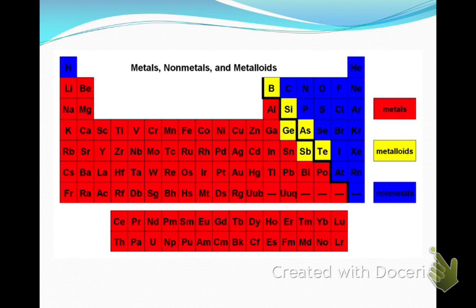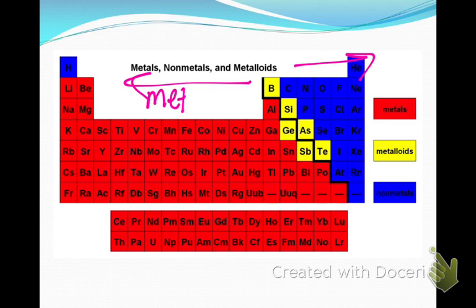I also want you, regardless of if you decide to shade your periodic table or not, to draw in this thickened line right here that I'm going over right now. That line I call the stair step. You'll hear me talk about the stair step. That blackened line that walks down from here to here is called the stair step, and that gives us really kind of a very true separation of metals and nonmetals.